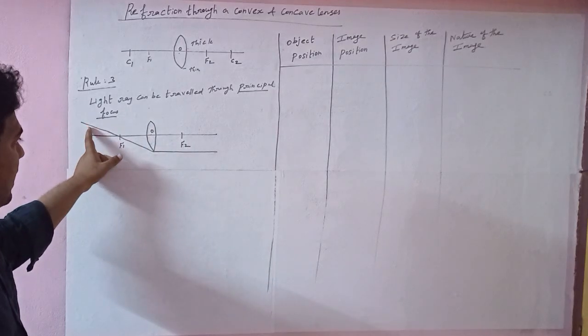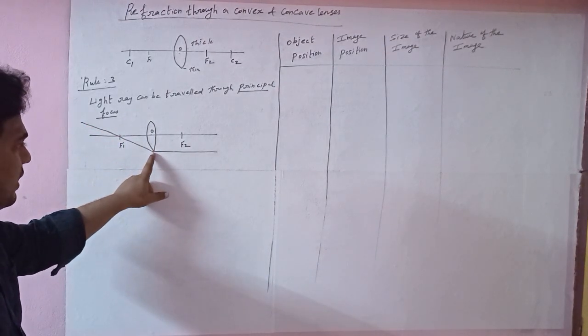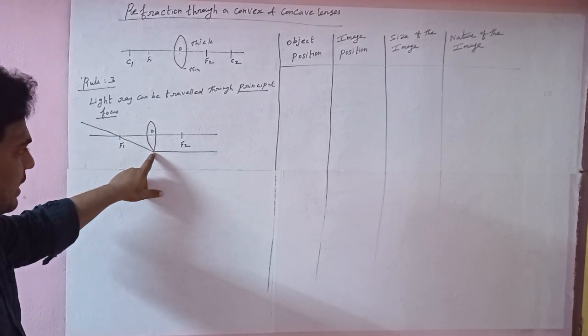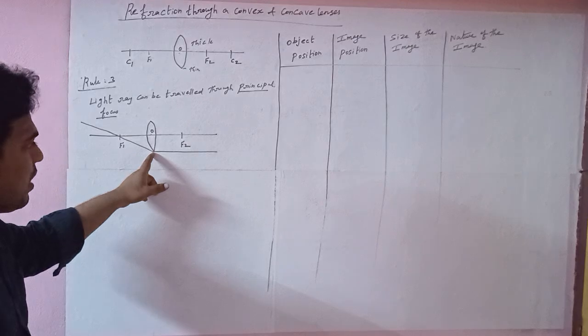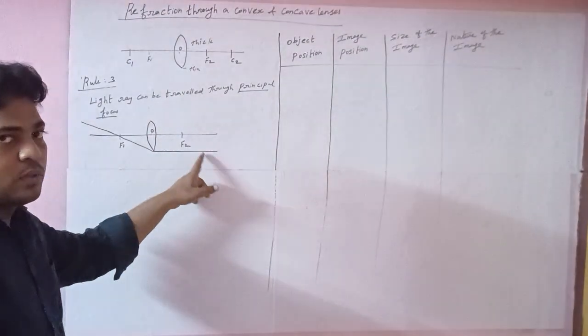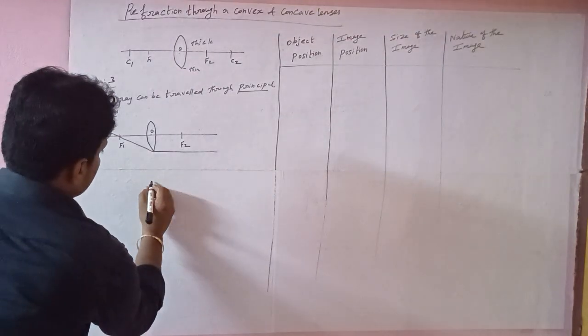The light ray will fall on the lens, on the edge. Immediately the light ray will travel in a straight line, parallel to the principal axis.